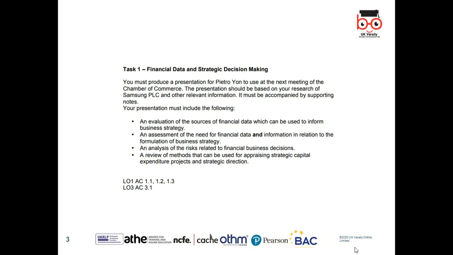Any question here? No. Okay, then next, an analysis of the risk related to financial business decisions. We can look at the risk, where they invest the money, and what sort of risk we have. Then we have LO 3.1 being asked within this task. 3.1, which we learned yesterday, is capital expenditure and investment appraisal.